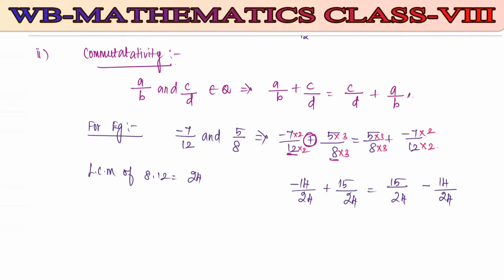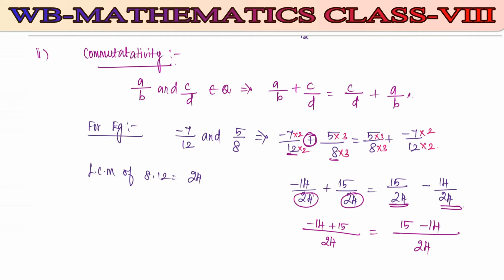When you simplify the LHS part, it should be equal to the RHS. The denominator 24 is the same, so I can write it only once: minus 14 plus 15 is equal to, here also the denominators are the same, 15 minus 14.